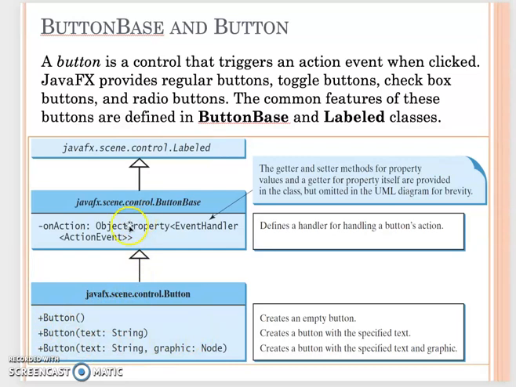So that's the reason we have setOnAction. The onAction is actually a property from the button base. Then with setOnAction, we can add our event handler. That's why the button can register an event handler: because it is inherited from the button base.